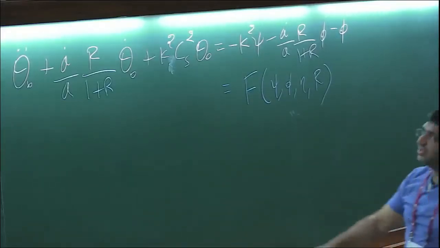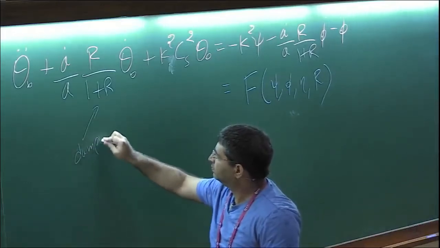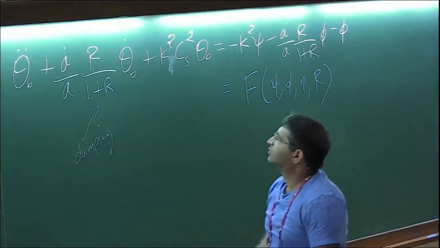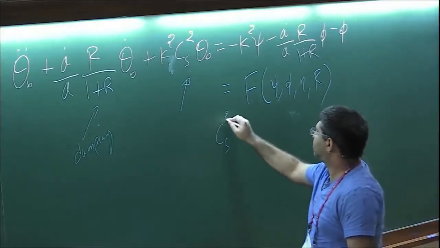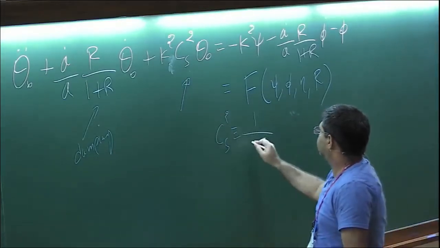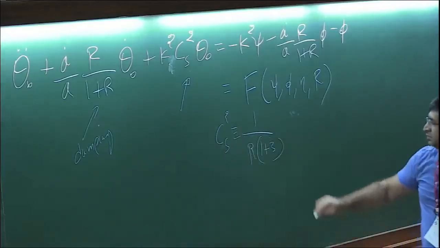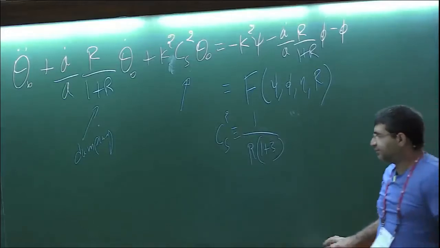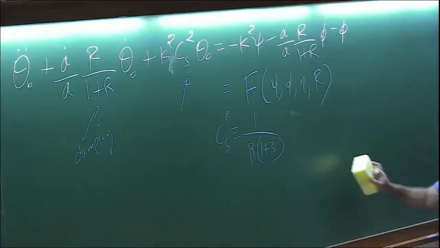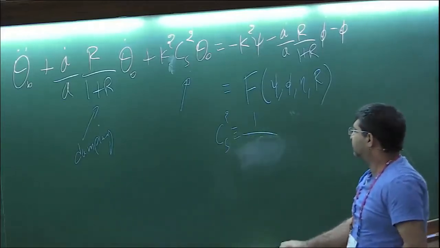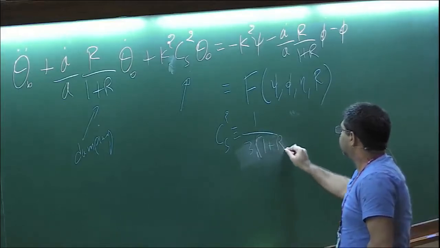This is the oscillator equation with a damping term. This is a pressure term. Cs is the sound speed, so Cs square is 1 over 3(1 plus r).